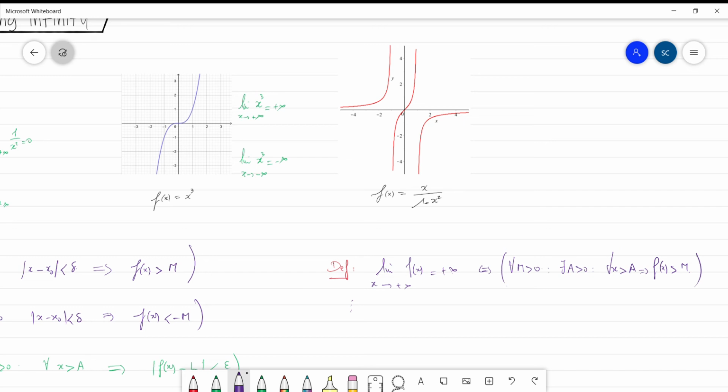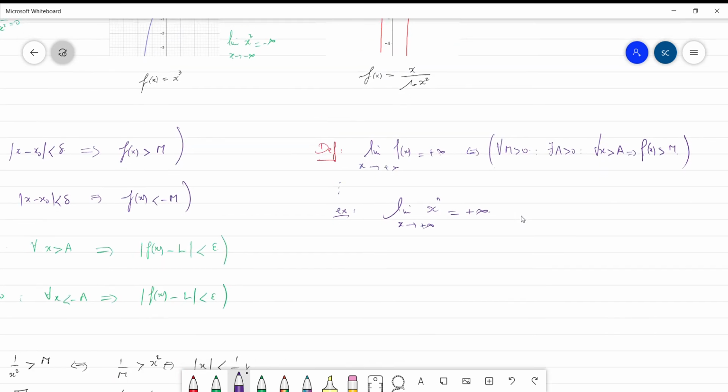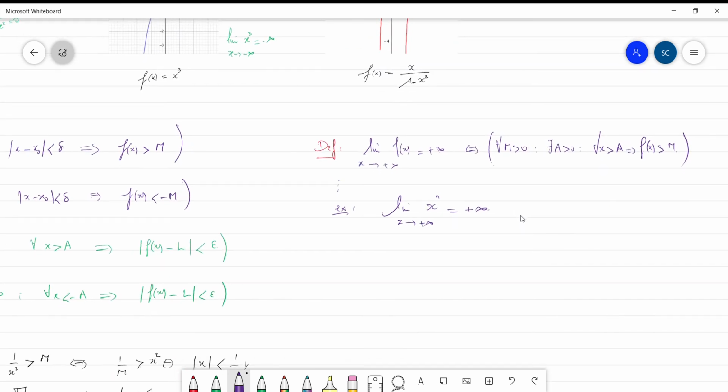So in particular, now you know that the limit of any x^n, we can show it easily, is plus infinity as x goes to plus infinity. At minus infinity, it's a little different, so it behaves depending on the power.